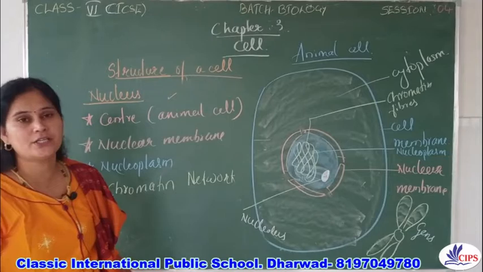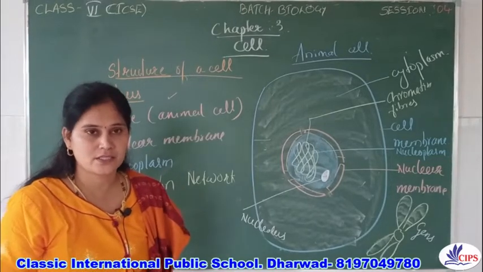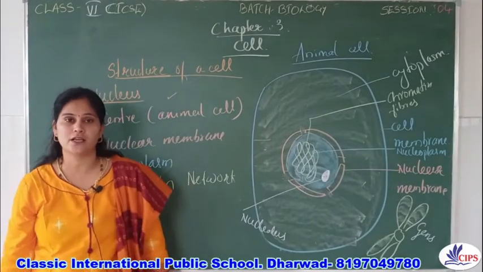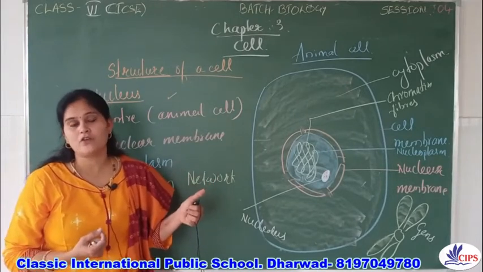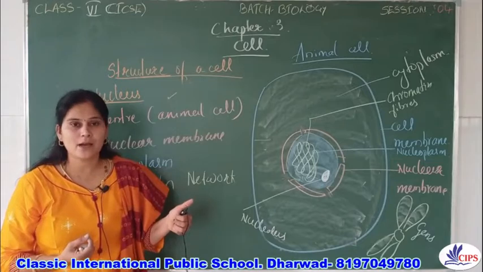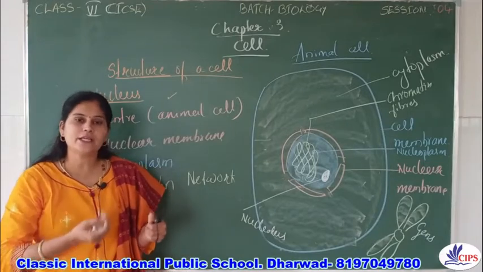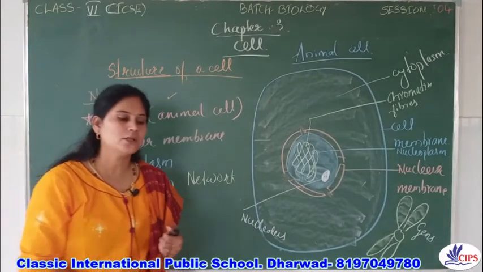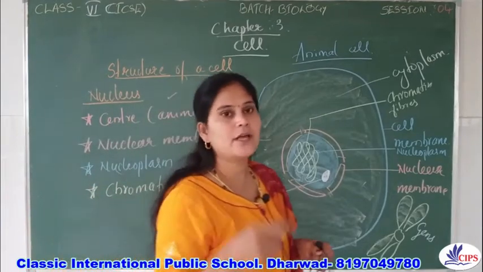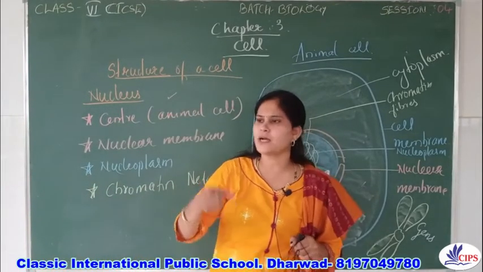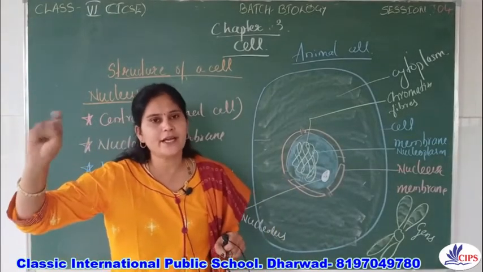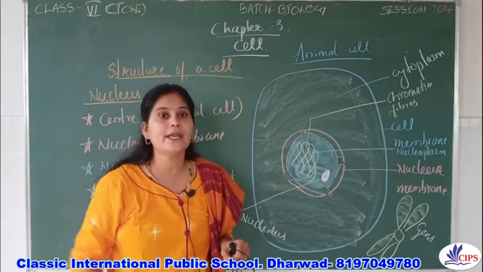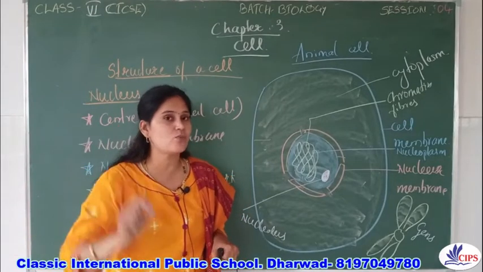And this nucleus is called the brain of the cell, or we can say the headquarter of the cell. For example, in your school, the principal's chamber is the headquarter. All the commands or orders will be decided there, and from there they get executed, right? So it is called what?